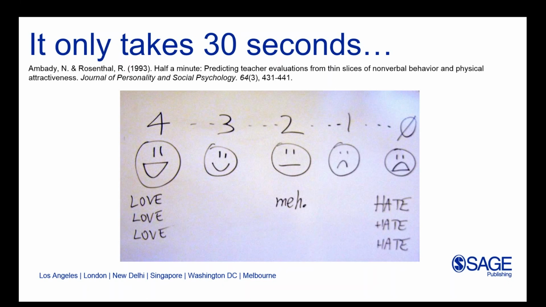So one more time, students were rating the teachers on nonverbal behavior, and the researchers were trying to use those ratings to predict the final teaching ratings. And they were able to do that with statistical significance. In other words, what we do in the first 30 seconds of our classes can have implications on how students evaluate us at the end.